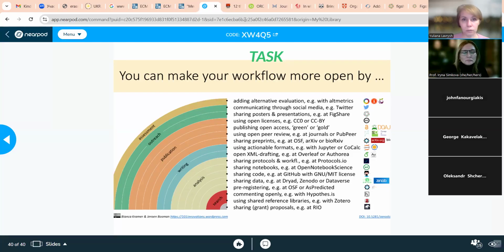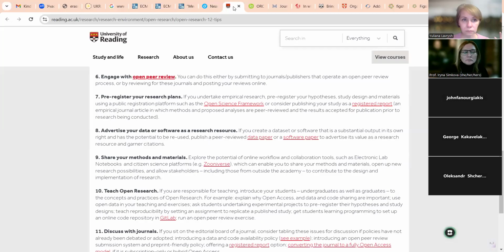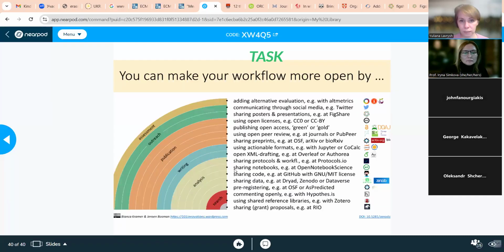So you can use these 12 tips on how to become open, or this example. For example, I will add alternative evaluation. I will communicate through social media with partners. I will publish open access using green, gold, diamond, doesn't matter. I will use open software, for example, like this, or I will design open software.